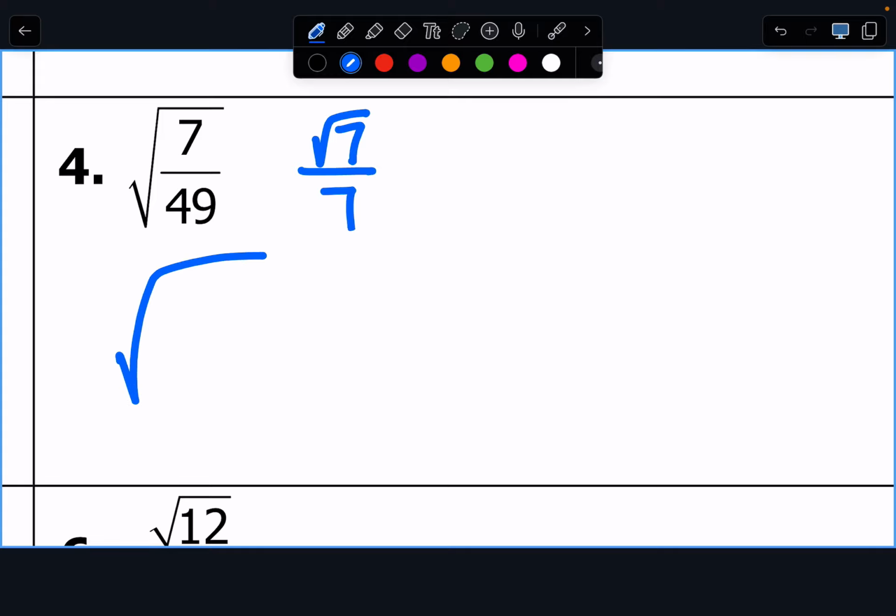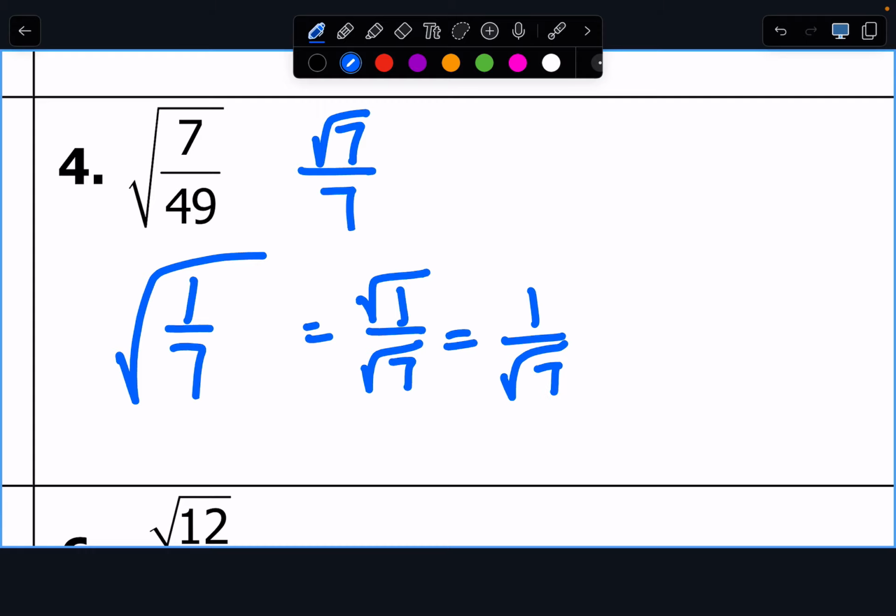If you reduce this to 1 over 7, which is not unreasonable because I did encourage you to simplify fractions, this becomes the square root of 1 over the square root of 7. And you might have heard me say we are not allowed to have square roots in the denominator. So this technically is not a simplified answer. When we get to page 13, I'll show you how to do that. And so you won't be in a pickle if that's the case.